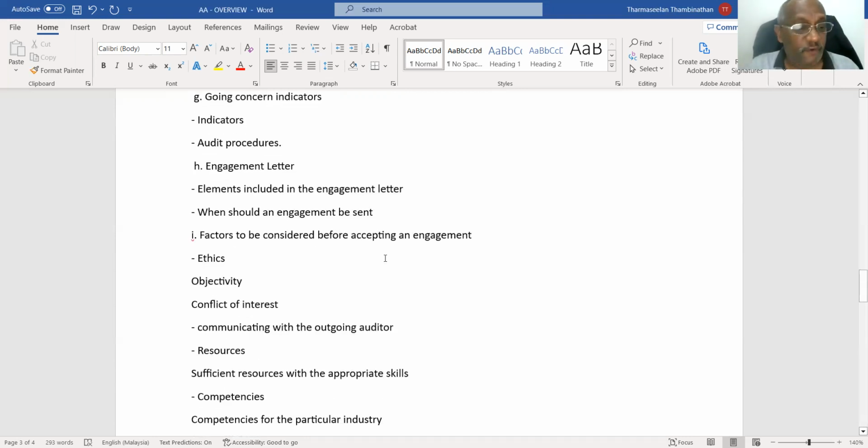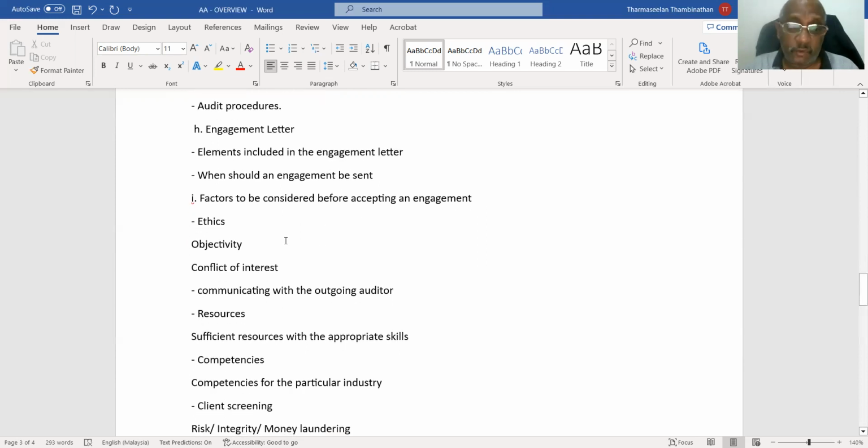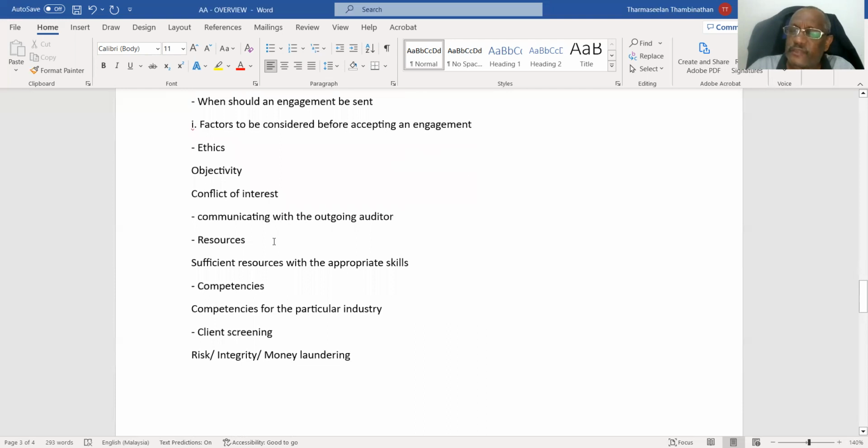Factors to be considered before accepting an engagement: ethical issues, which are objectivity and conflict of interest. You need to know the part about communicating with the outgoing auditors, ensuring you have sufficient resources with the appropriate level of competencies. Now, quality management has not appeared in AA, but it is a current issue in the world at large.